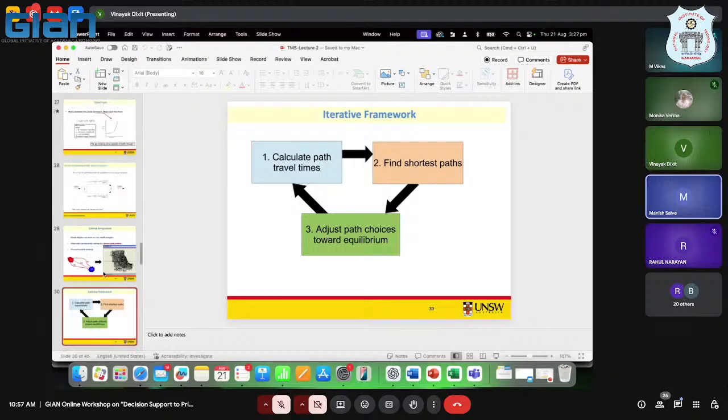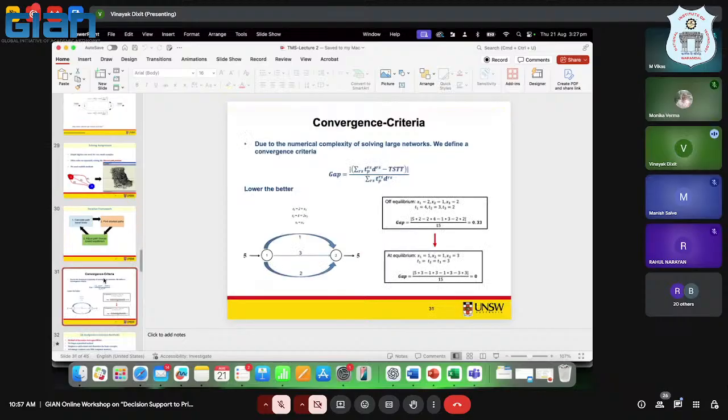All right. So one thing, again, going back to checking whether or not things are coming to a solution, is the idea of convergence. Convergence tells you whether your travel times have converged, whether you've come to an equilibrium or not.